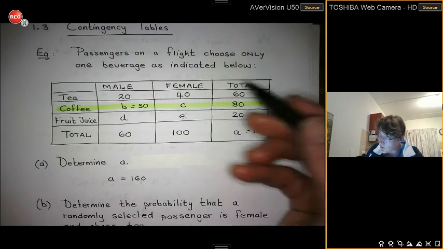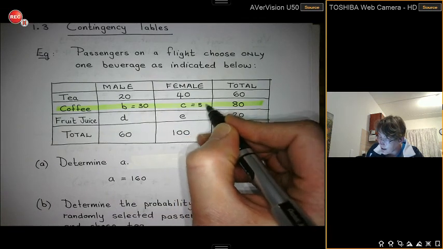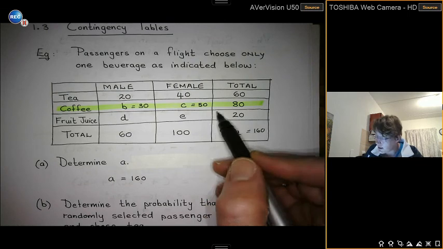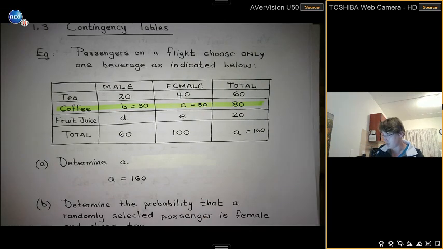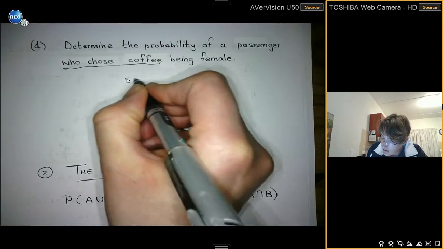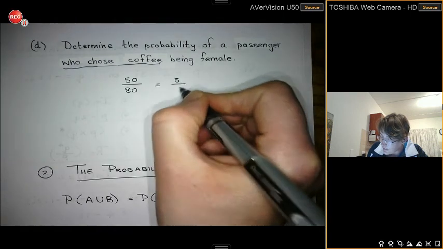So obviously this one is going to be equal to 80 minus 30, which is 50. So I first have to calculate that, and then my conditional probability here is 50 out of 80. And again, I can just simplify that to 5 over 8. I can actually leave it like that.